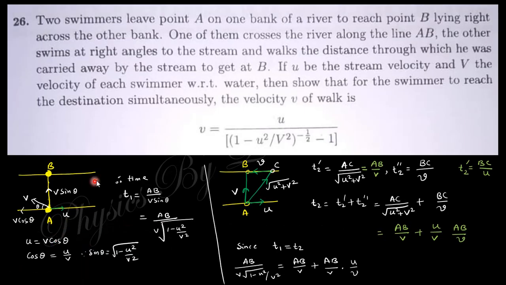Next question says, two swimmers leave point A on one bank of a river to reach point B lying right across on the other bank.